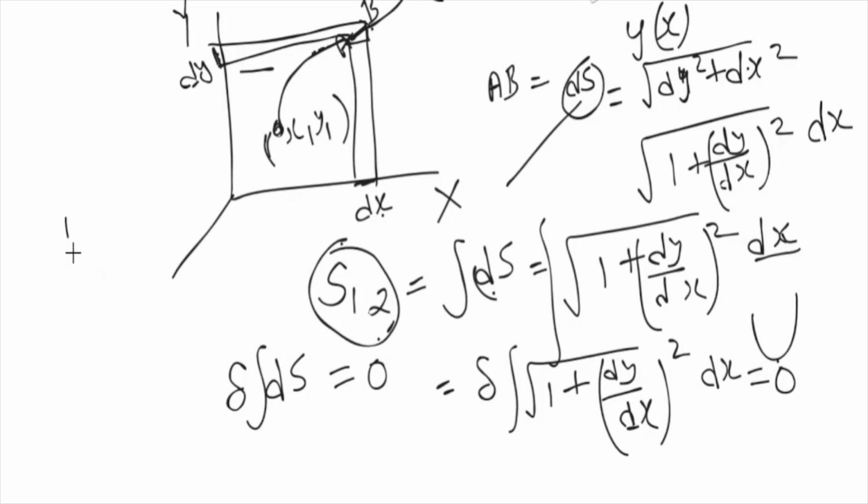The analog of being at the bottom of something is always that the variation of it is equal to 0. So the question is, how can we solve problems like this?